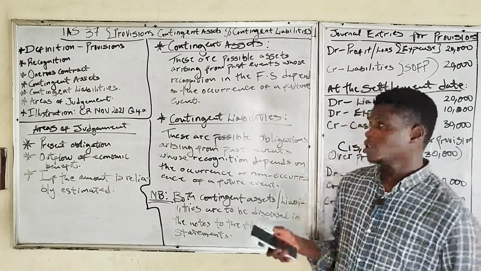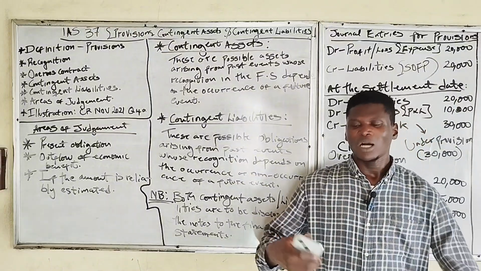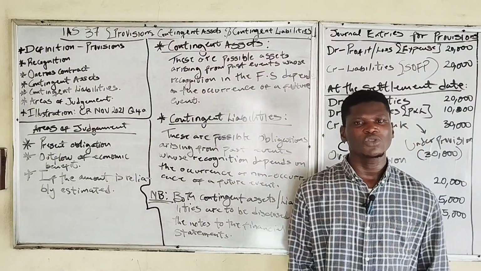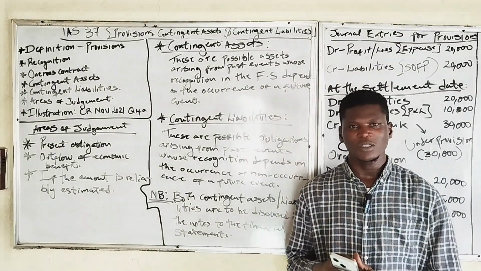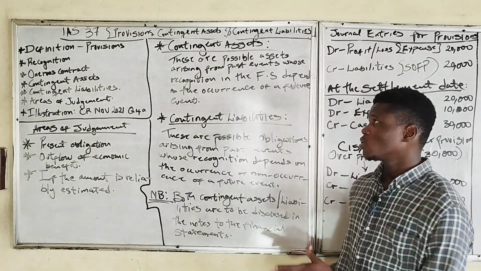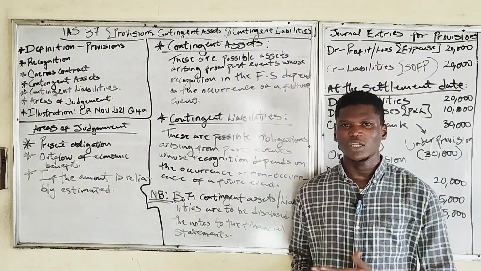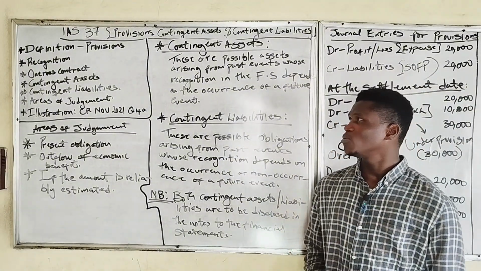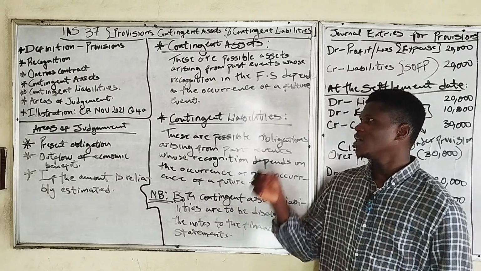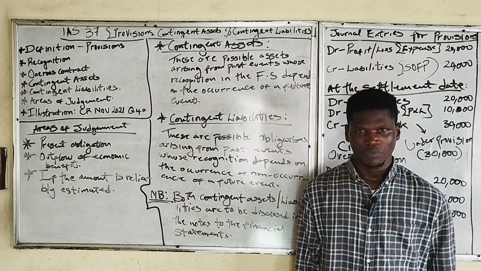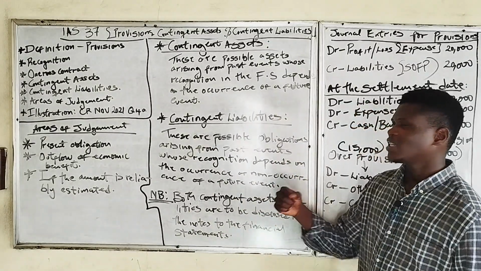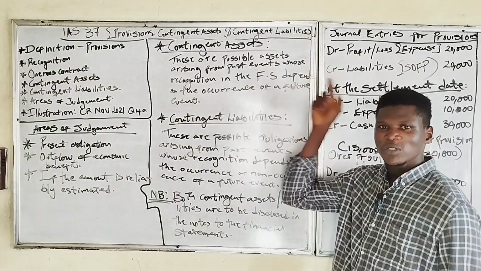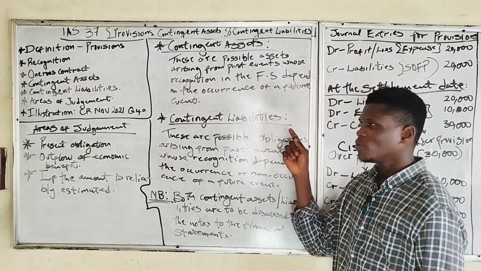So, as the financial controller, how will you regard this case? And in relation to IAS 37, this particular question is solely on IAS 37, which is provisions, contingent assets, and contingent liability. So, at first, the litigation should not be recognized as a provision. It should not be recognized as a provision, but should be recognized as a contingent liability because of the following information.